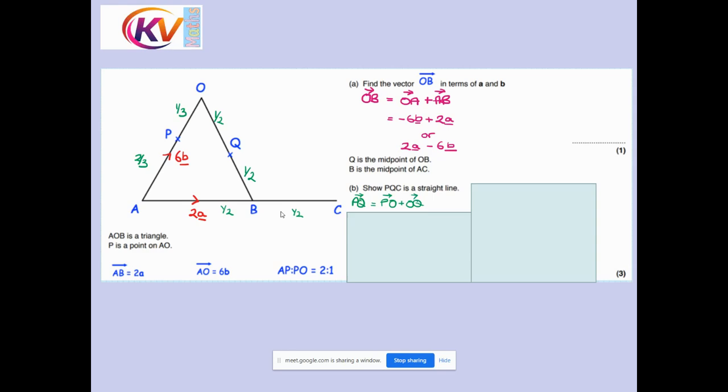P to O is a third of AP, so it's going to be a third of 6b, giving me 2b. And then OQ is going to be a half of OB, and I think you've already worked out OB in part a, so they did that on purpose. I'll give you that bit of information to help you. Then is there anyone who thinks they can get the final answer when it's simplified for me?